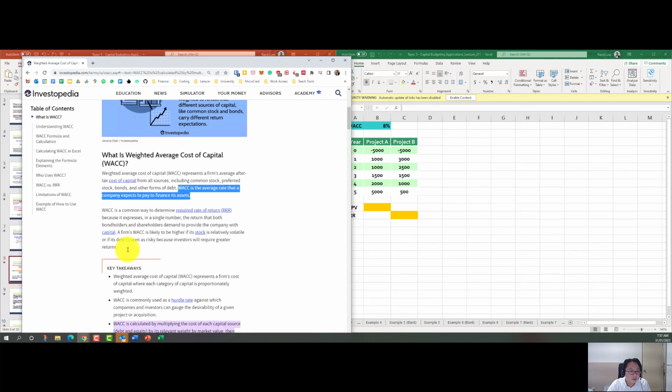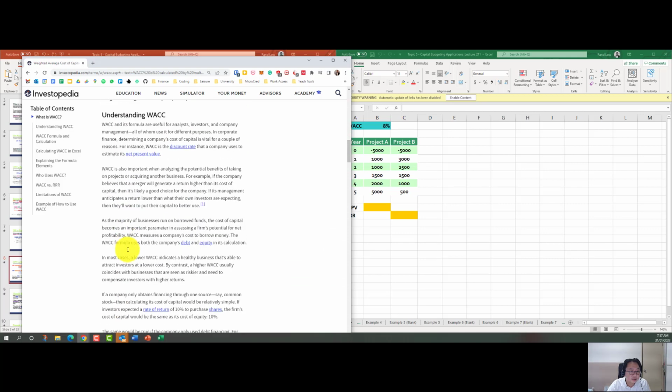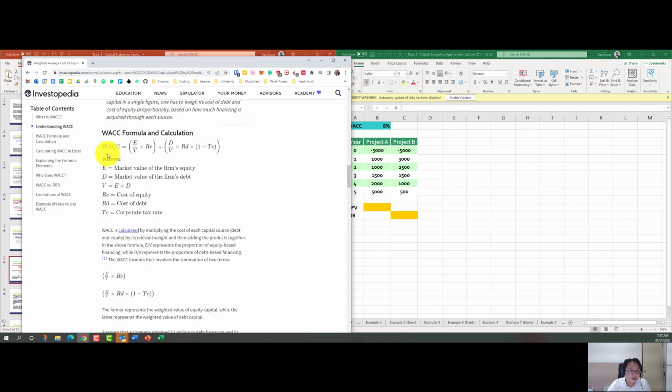Okay, so let's look at the formula. This is a brief reminder, and this is the formula. You can see this component is the market value of the firm's equity times the cost of equity, which is raised from stock. This is from debt, and basically that's just the weighted average cost of capital equation.